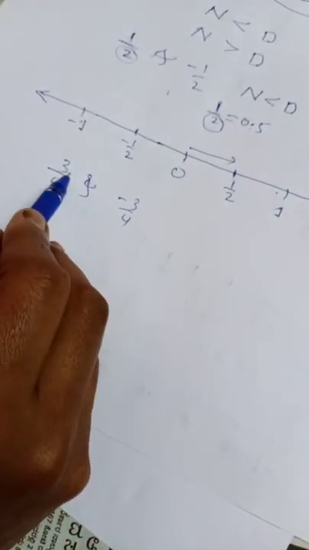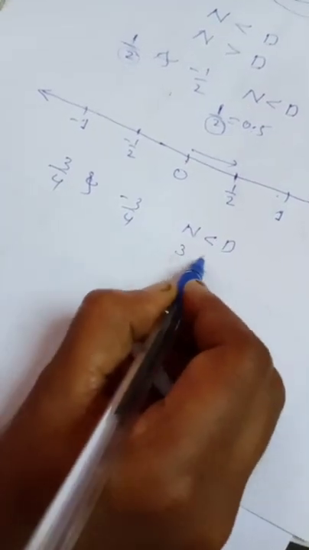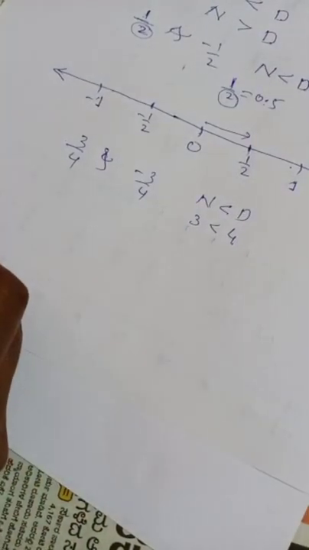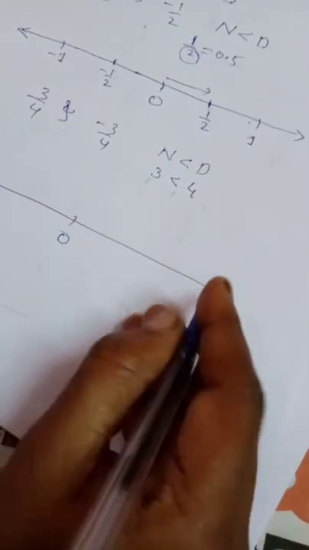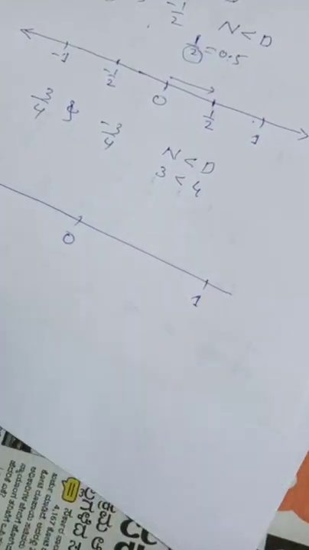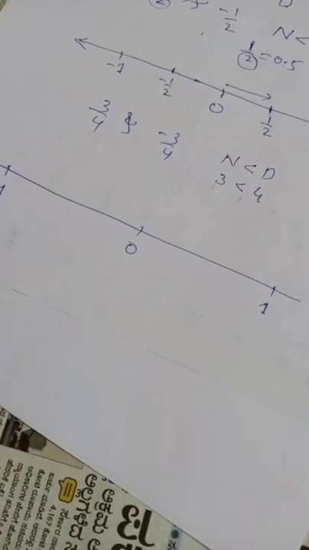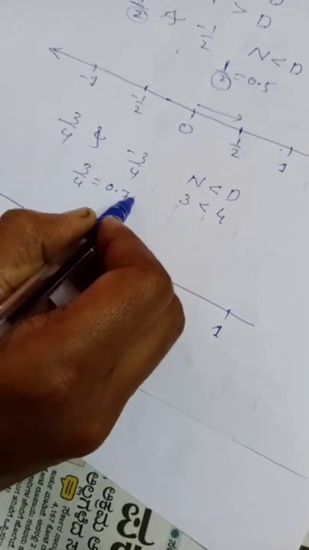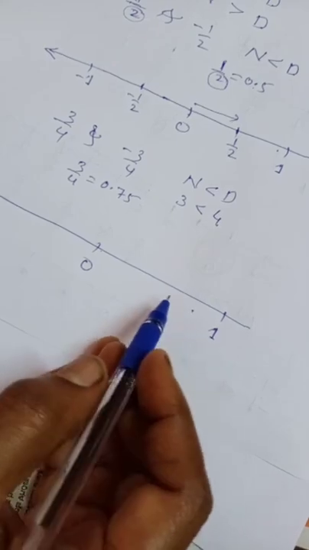Here also the numerator is less than the denominator: 3 is less than 4. So this is a number line with 0 and 1, and -1 here. 3 by 4 is nothing but 0.75, so it lies between 0 and 1.